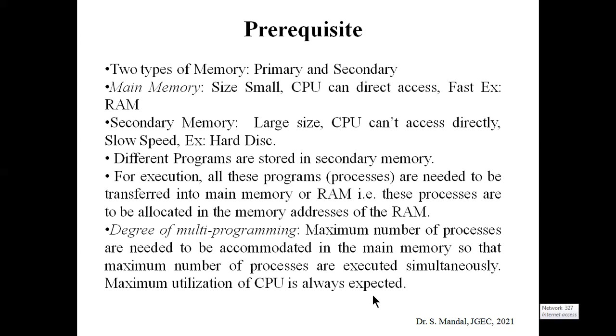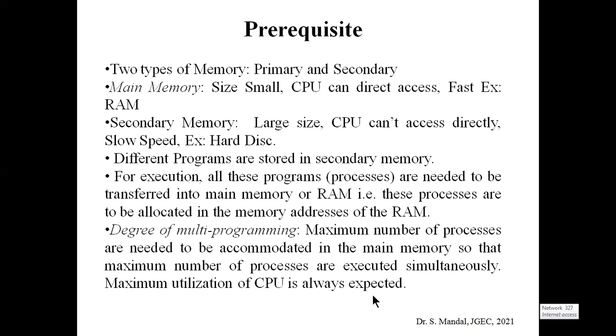During execution, all the processes or programs should be loaded into the main memory. Now the secondary memory: in any operating system there are lots of programs, but as the size of the main memory is very small, they should be located in external memory. The example is a hard disk, either SSD or optical or magnetic hard disks, anything.